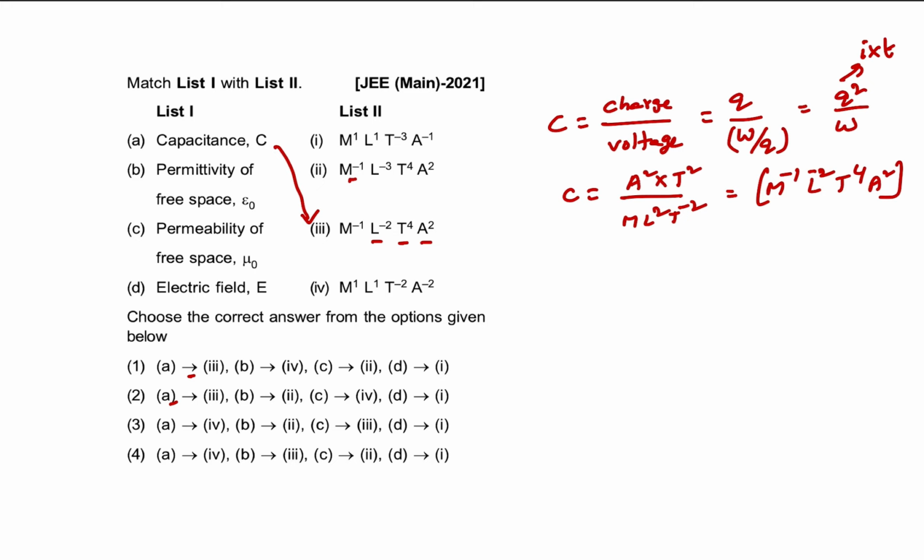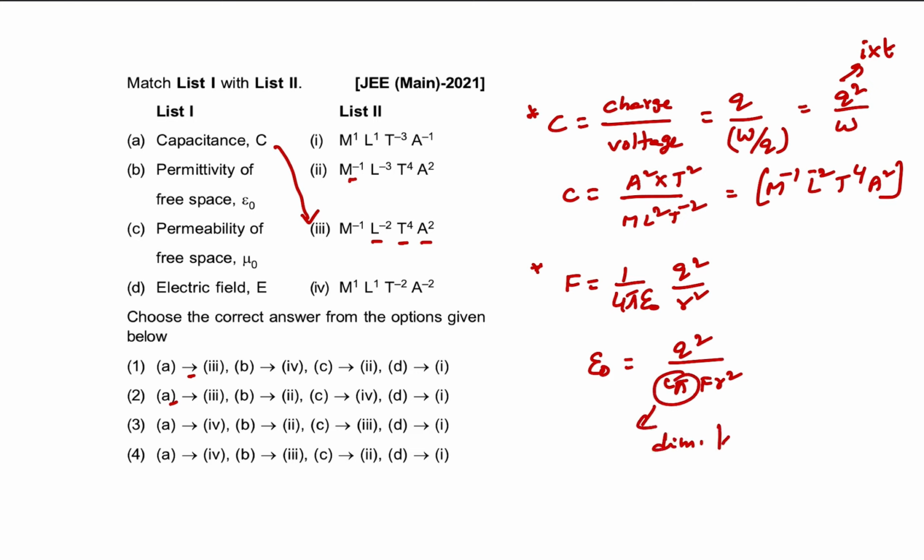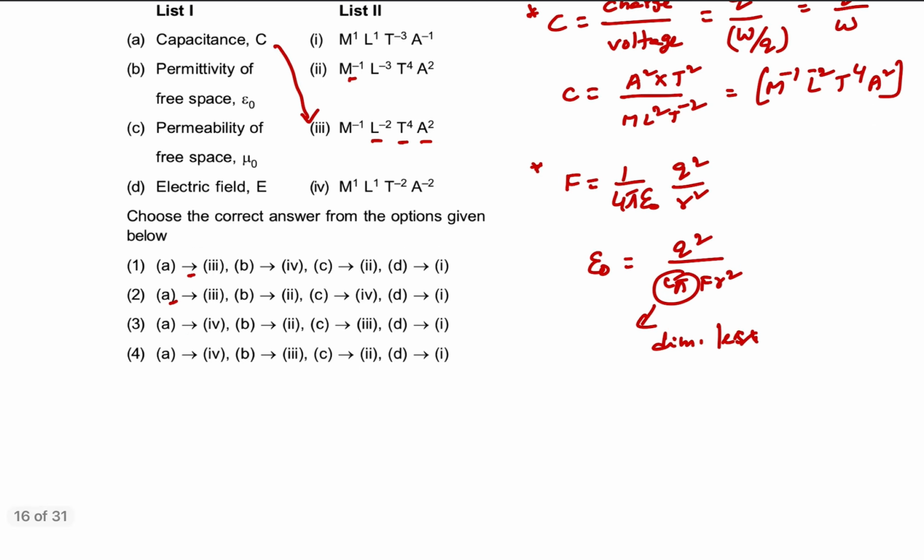Now if you check the next question, automatically you will get permittivity, epsilon naught. F is equal to 1 by 4 pi epsilon naught into Q1Q2 by R². I am writing Q² by R². So from this, epsilon naught is equal to Q² divided by 4 pi into F into R². Anyway, 4 pi is dimensionless. You can write this as I into T, I²T².